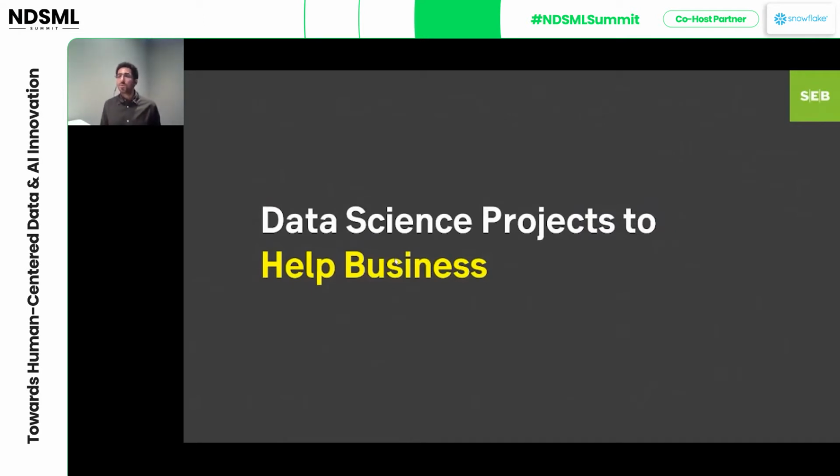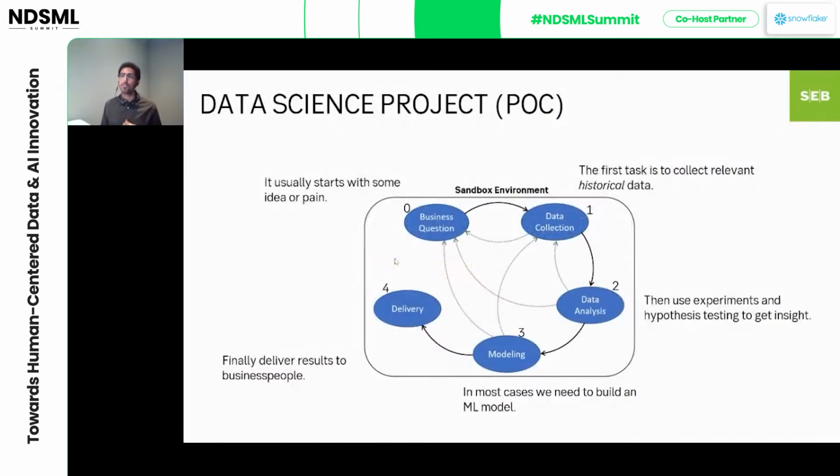So we have data science projects and the competence in the bank to help the clients. And if you're like me, a data scientist, you know that you usually start a data science project with some sort of POC, which is a proof of concept.